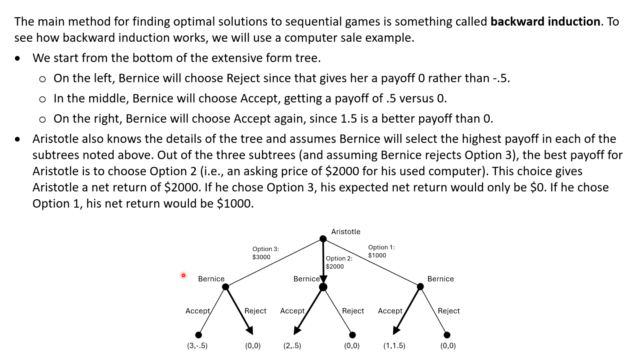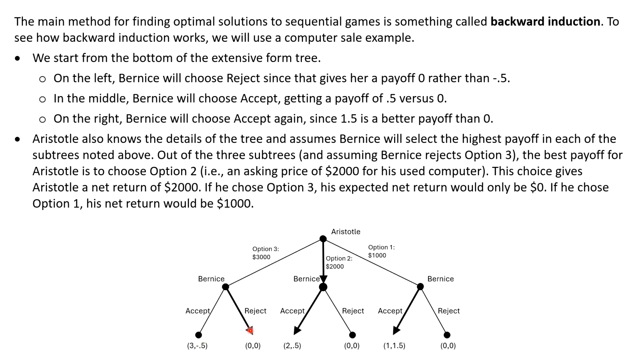And the catch is that Bernice values the computer at 2,500. So if Aristotle offers it at 3,000, he would have a revenue of three. I just put in three rather than 3,000, and Bernice would see a loss of 500, which right here is minus 0.5.